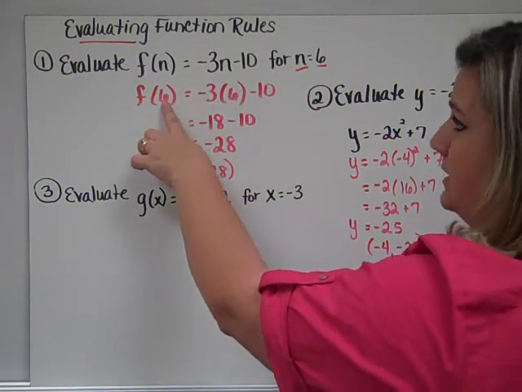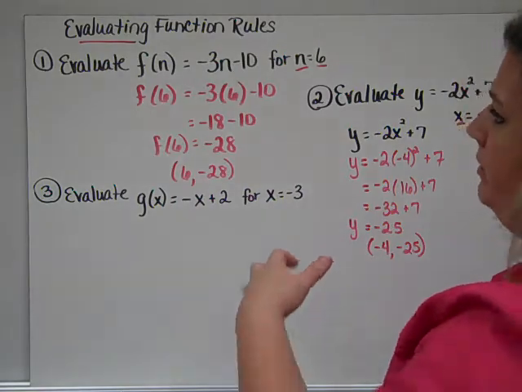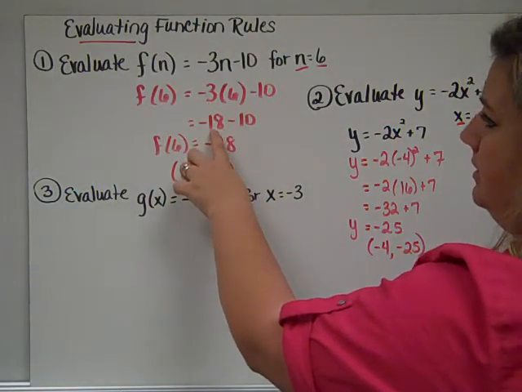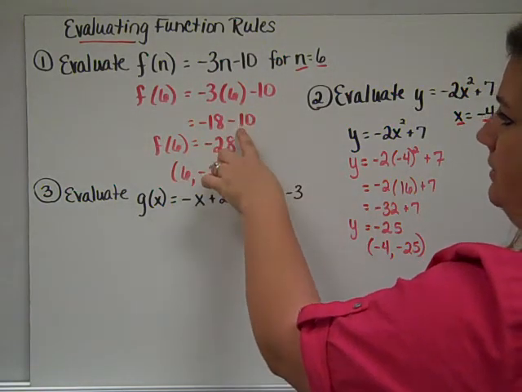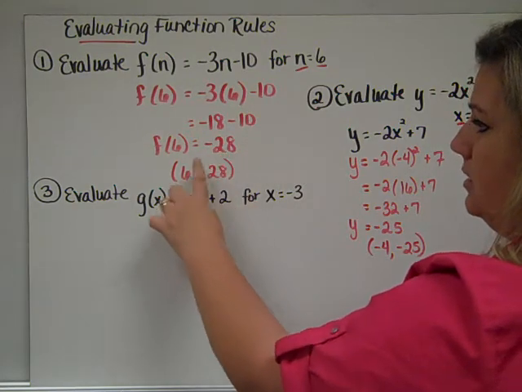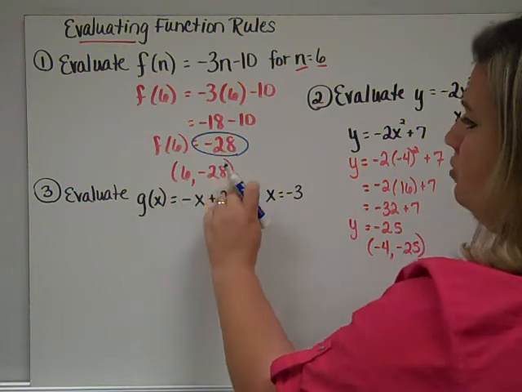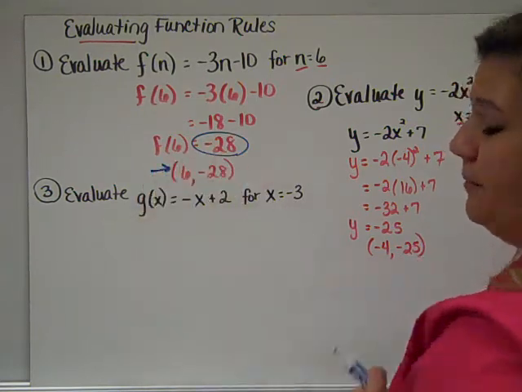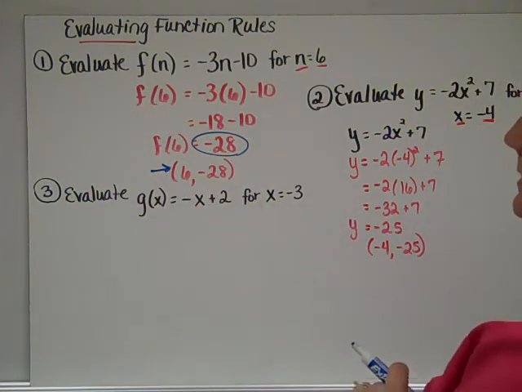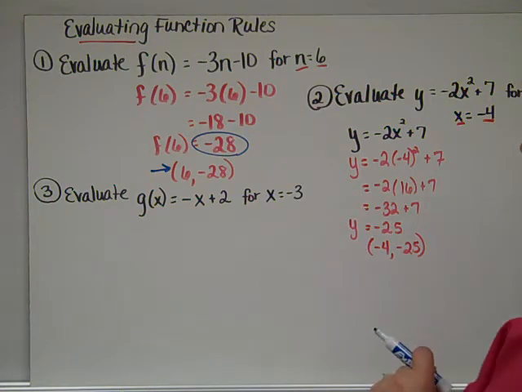What's going to spit out is my y. Negative 3 times 6 is negative 18. Subtract 10 from it, I get negative 28. So here's my input, and negative 28 is what spit out. This is my ordered pair: when I put in 6, negative 28 is my y.